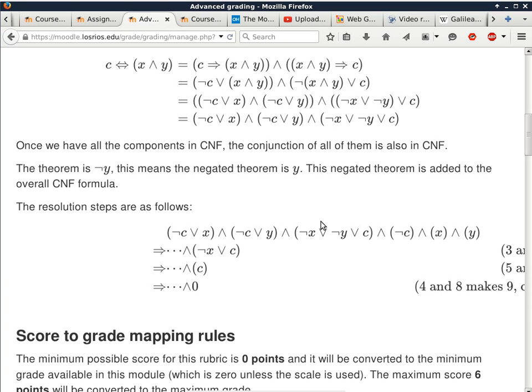Okay, so the refutation step basically says this one and this one can be combined. So in general, the way refutation works is when you have A or B on one side, and then you have not A or C on the other side, then you can combine these two into a new term, okay?